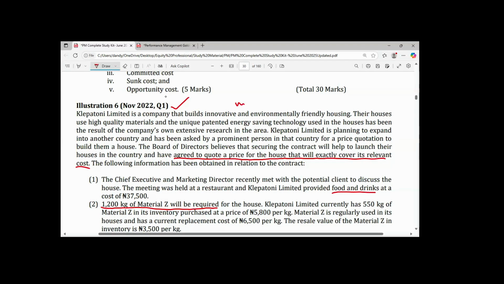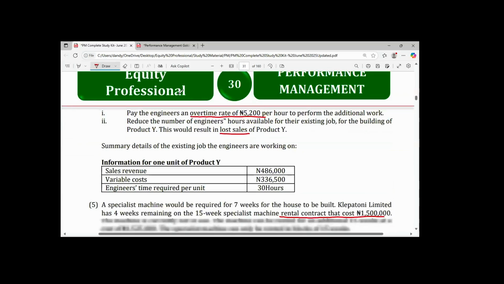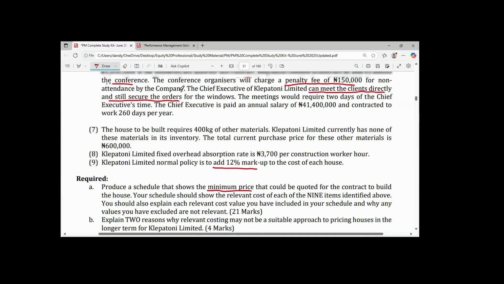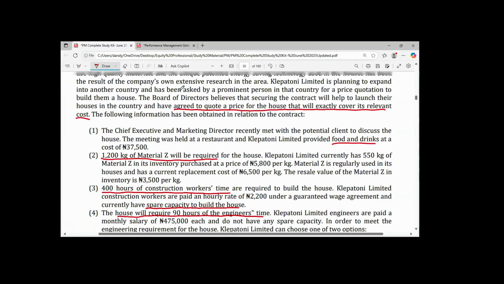Because the third tip is that relevant cost questions are solved through the additional information. The way the items have been listed from number 1 to 9, that's additional information. So you are expected to solve the question on the basis of the additional information given to you.